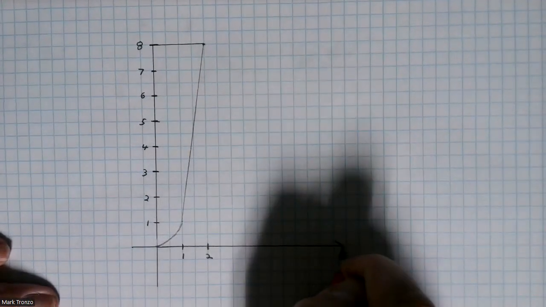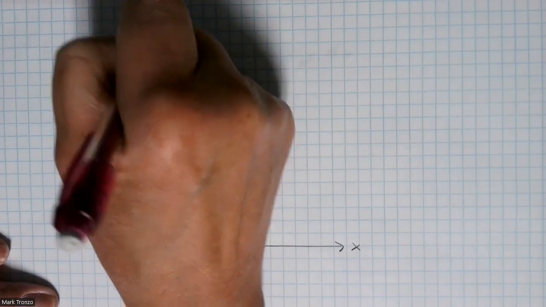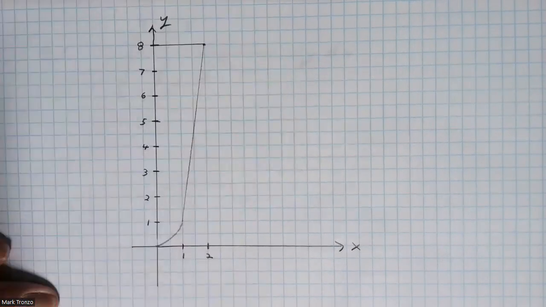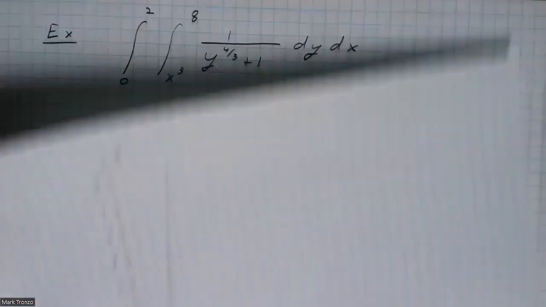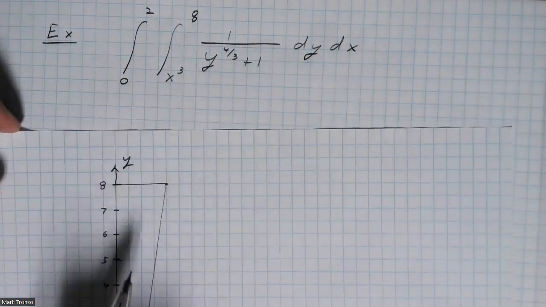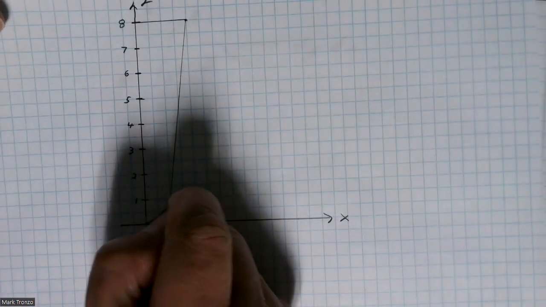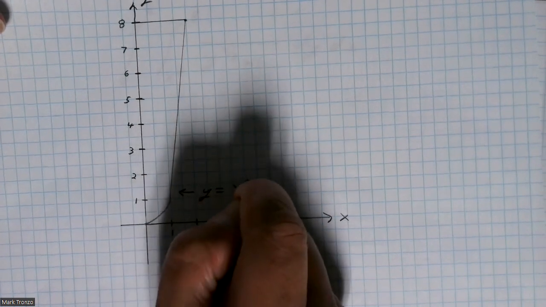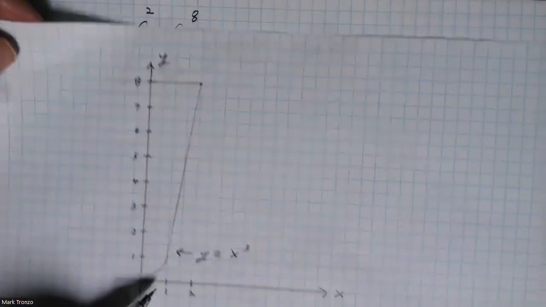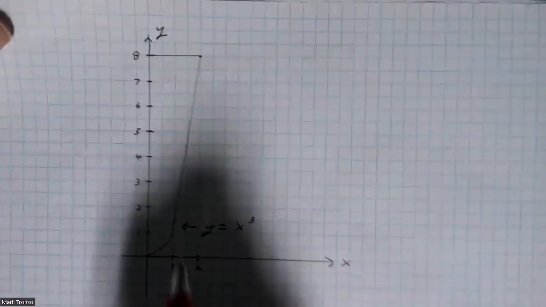And again, remember, this is the x-axis, and this is the y-axis up here. And so the region starts at y equal x cubed, which is this curve down here, and goes up to y equal 8, this here.